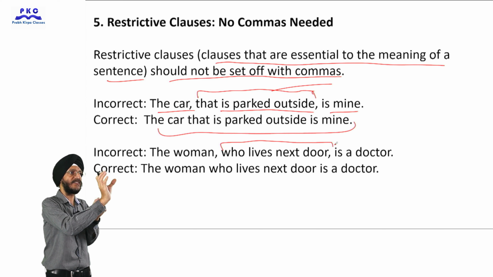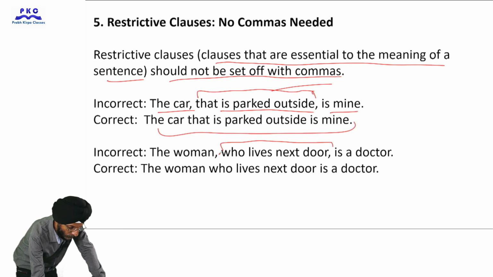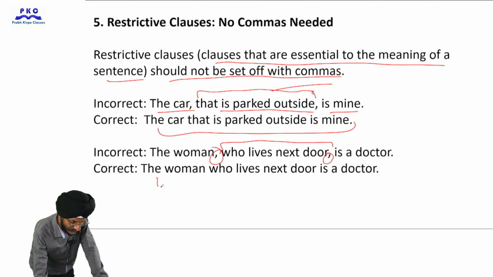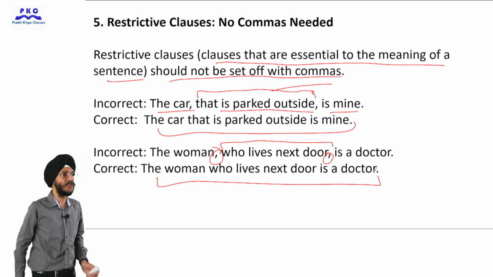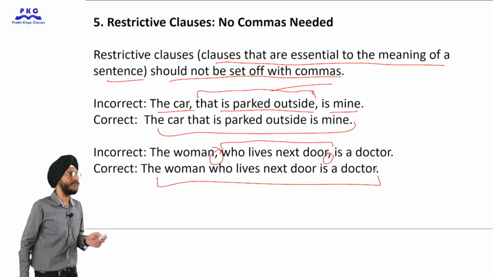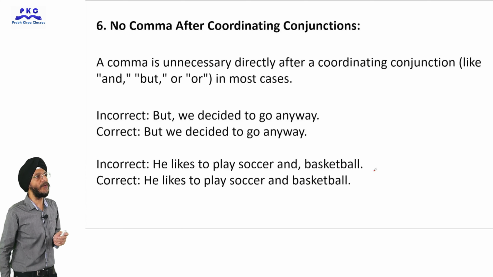It is a restrictive clause, essential to understand the meaning of a sentence. So there should not be a comma before and after the restrictive clause. So the correct sentence is the woman who lives next door is a doctor, and there is no comma in this sentence.